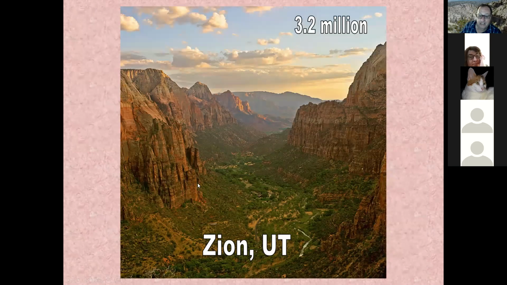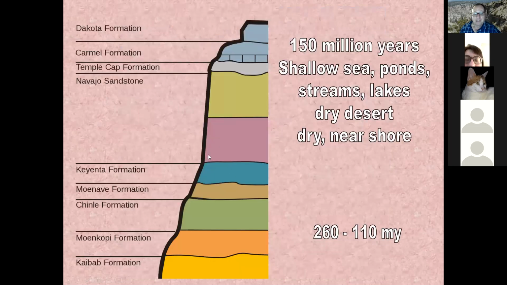Zion in Utah, very similar to what Brittany was talking about a little bit. A lot of sandstone here, making up these layers, eroded by water that flows through here, more so at one time. 150 million years of geologic history in Zion, 260 to 110 million years ago.